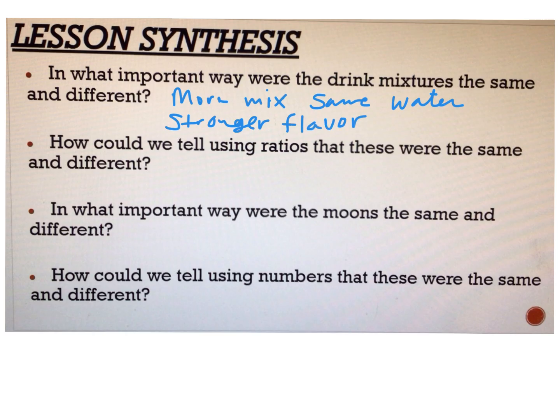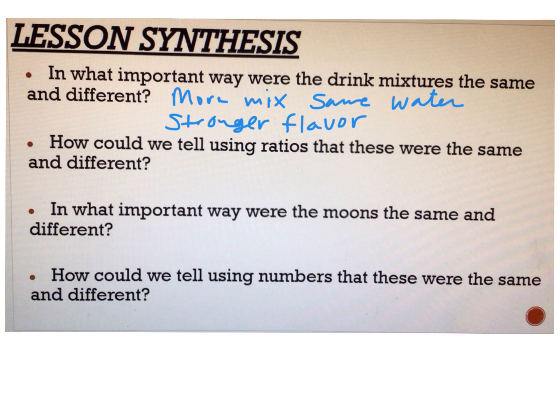Also, for another example, how could we use ratios to tell that things were the same or different? Well, if the ratio simplified to the same, then the mixture was the same or the ratio was the same.